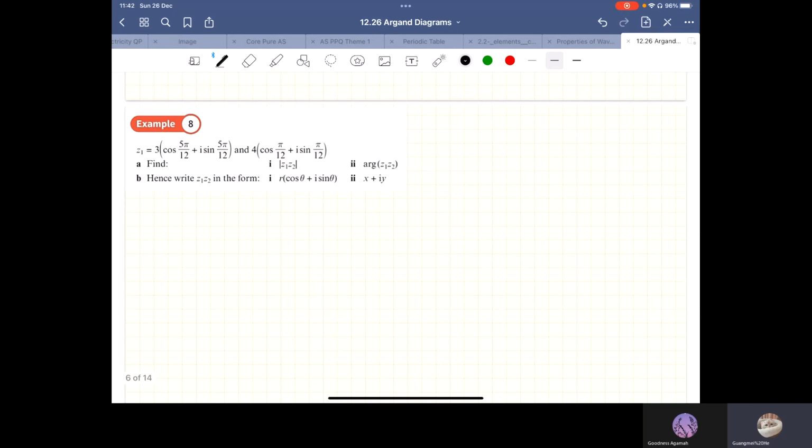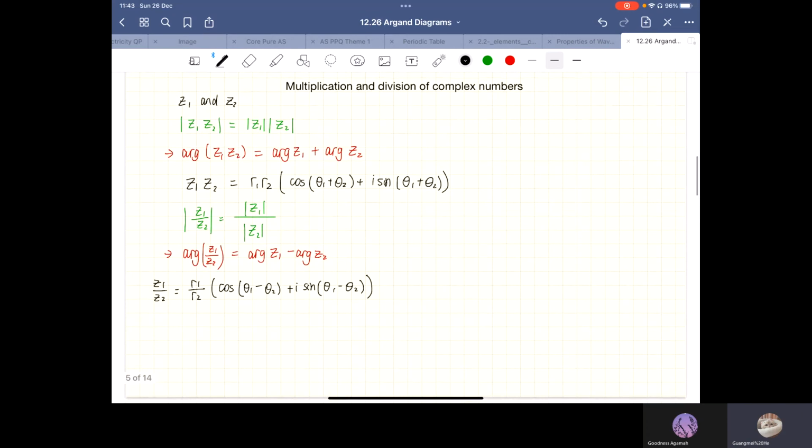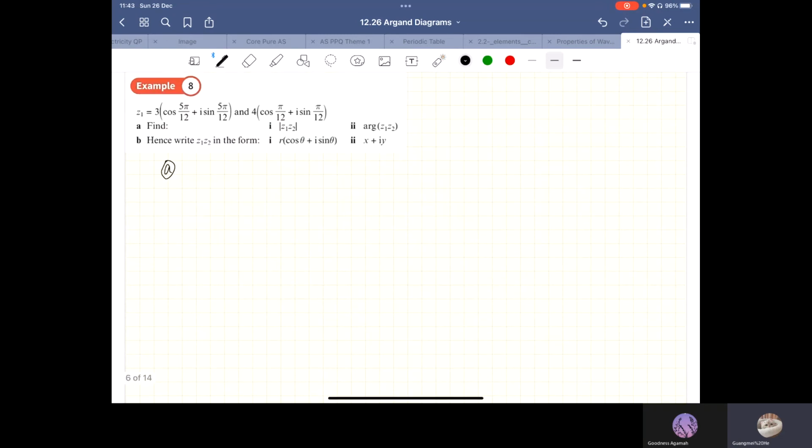For part A, we need to find the modulus of z1 z2. Okay, first we will simplify z1 z2. What is z1 z2? Well, according to the theory, the modulus of z1 z2 can be simplified to modulus of z1 times modulus of z2. So we do that.